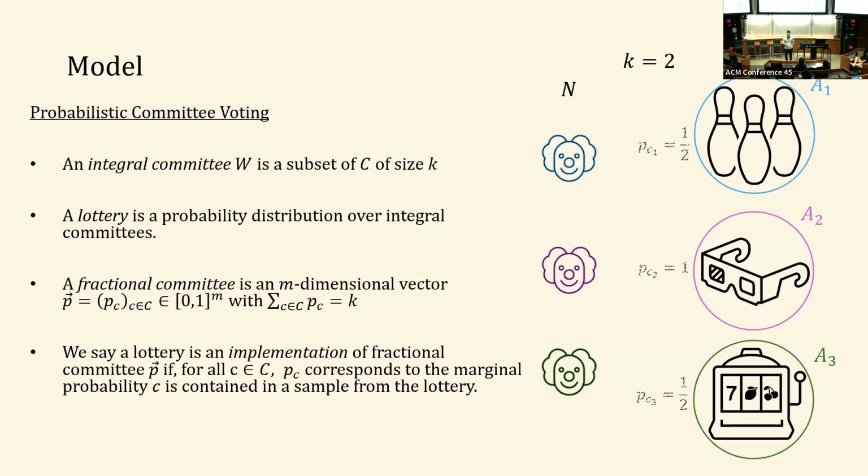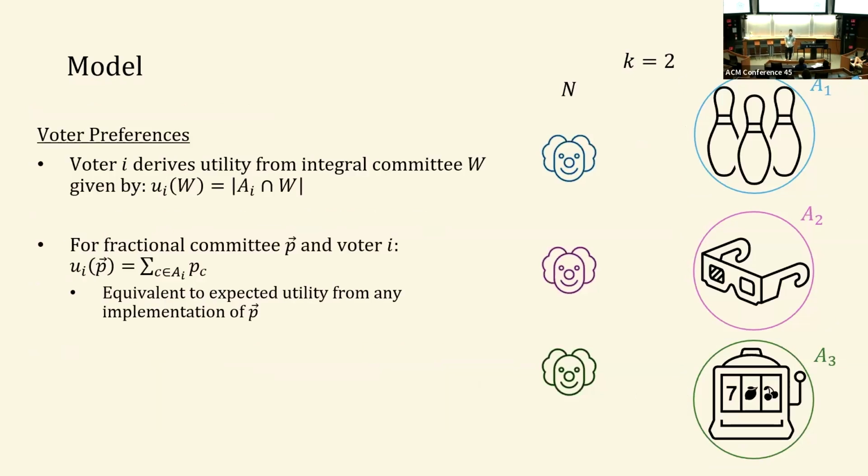Okay, so voter preferences are normally just the number of candidates that you approve of in the committee that is selected. So how do we reason about voters' preferences over committees? Well, we'll say that the utility of a voter for a fractional committee is equal to the amount of probability that's allocated to candidates that that voter approves.